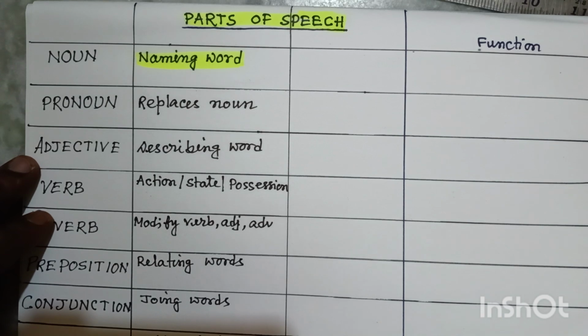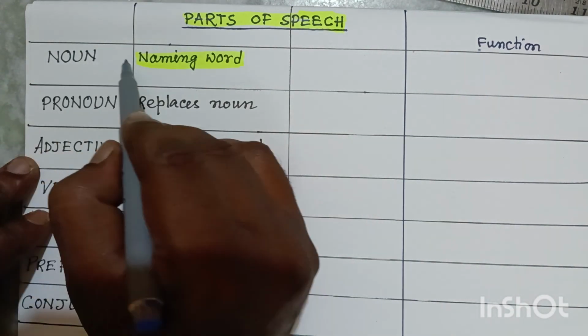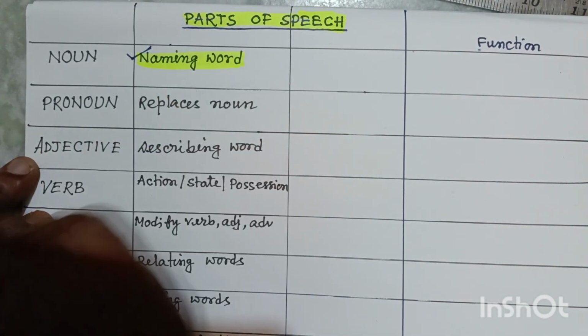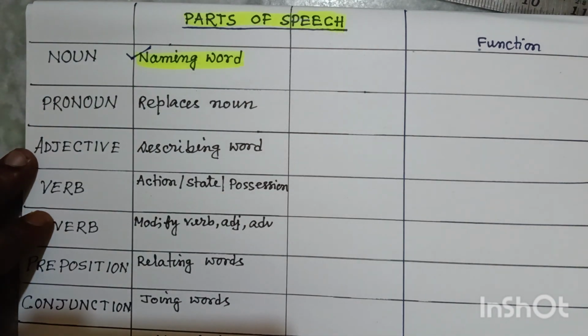Each and every person, thing, place, concept, idea, whatever we see, and also whatever we feel, that means whatever we see in front of our eyes, obviously all those things are nouns. And whatever we feel, that means we cannot see those things but we feel them, that is also a noun. So the noun refers to any kind of naming words.